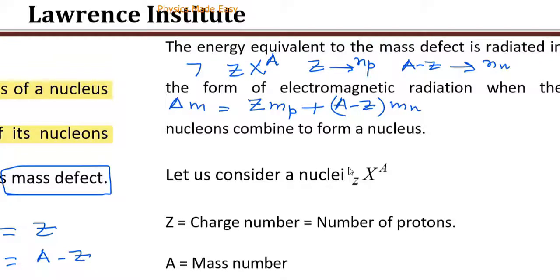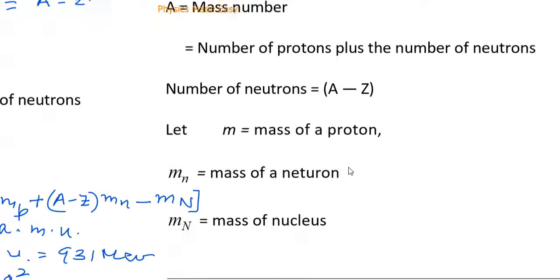So this is the total mass of nucleons in free space. Now I will subtract the mass of nuclei from it. So this gives me the mass defect. And if we have to find the energy corresponding to it, that energy is delta M into C square. We have just done it a few minutes ago.